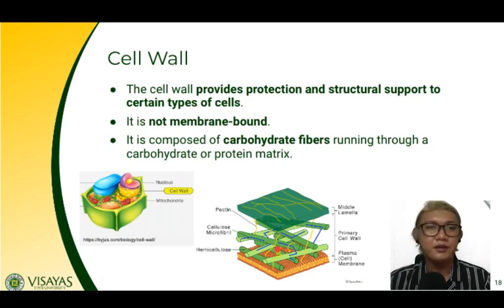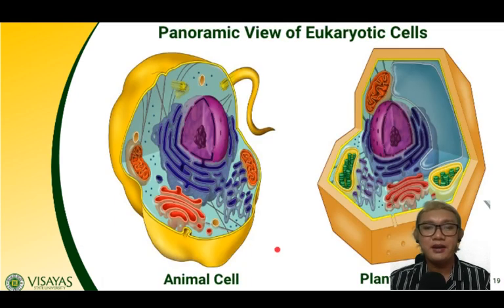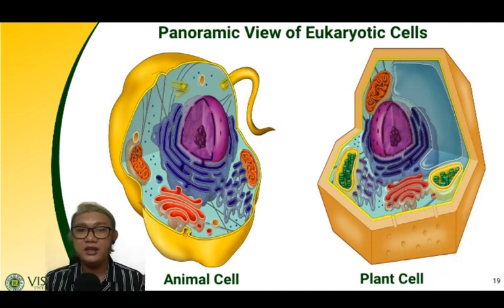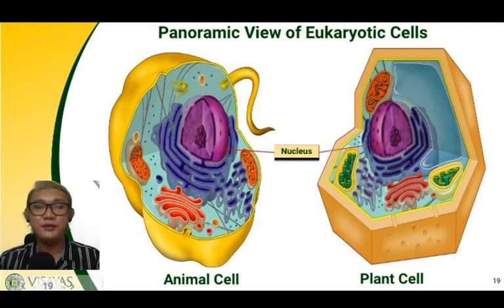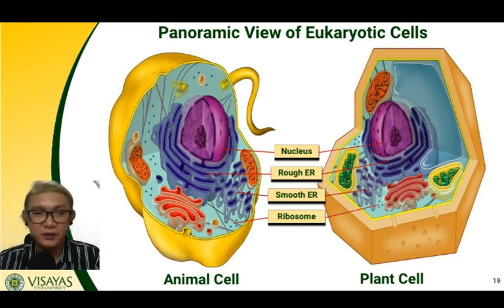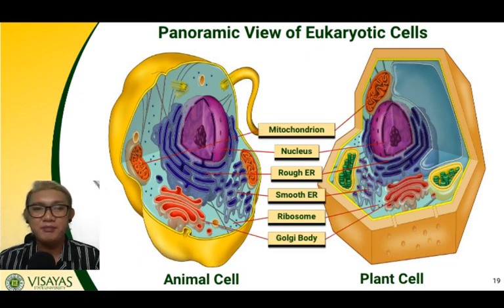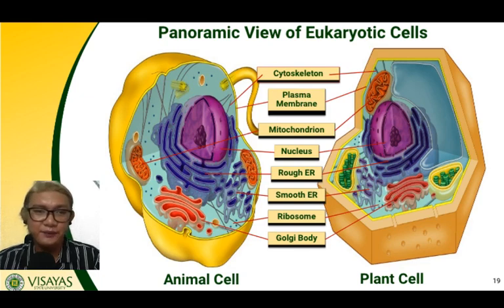Okay. Now, if we compare animal and plant cells, what are the similarities and what are the differences? So both plants and animals have nucleus. They also have rough ER, smooth ER, ribosomes, Golgi body, mitochondrion, plasma membrane, cytoskeleton.